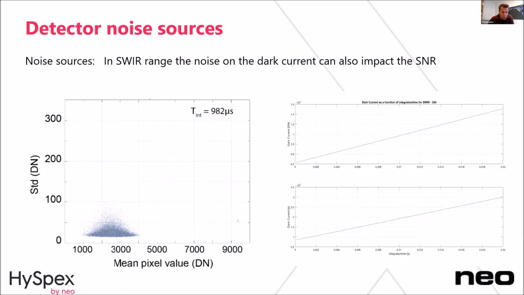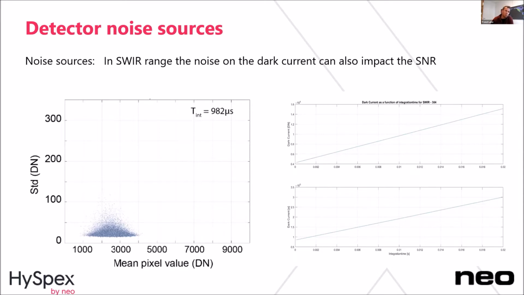Yeah, but for shortwave infrared detectors, the contribution of dark current gets larger the further up into the wavelength you go. So at 2.5, it's quite a large contribution of the dark current. So you need to cool the detector a lot.